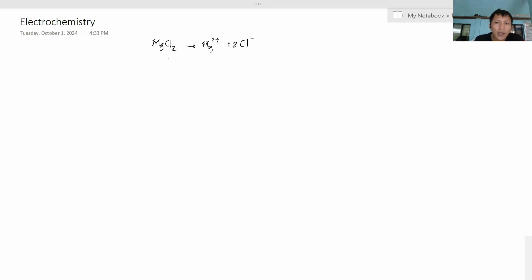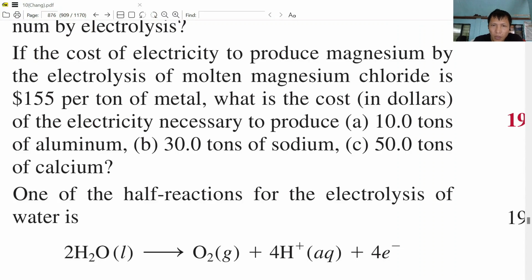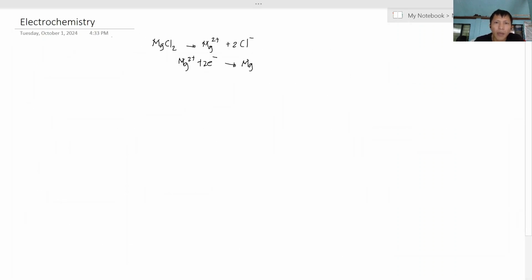And for depositing magnesium metal, you need 2 electrons. It will be magnesium metal in elemental form.